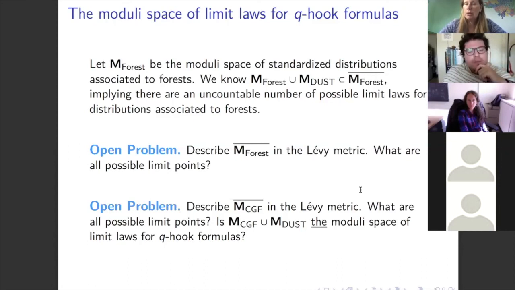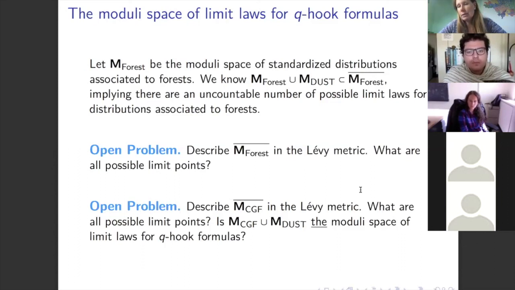It is already closed. And so we know for forests, the closure of the moduli space of forests is going to include the dustpans, but what else? And so it's again an open problem to describe that in the Levy metric. What are all the possible limit points for the moduli space of forests?